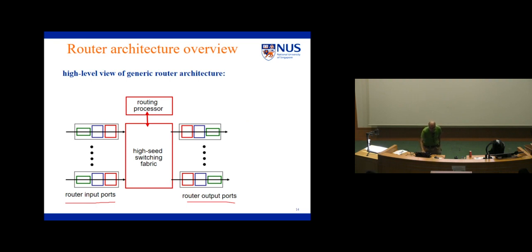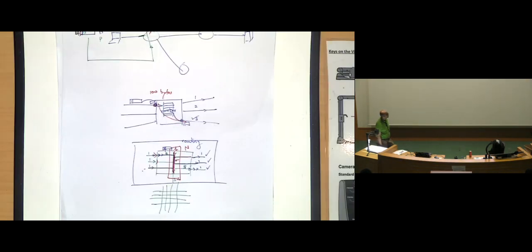So you have input ports on one side, you have output ports on another side. And in the middle, you have what is called the switching fabric. So what is the switching fabric? It's switching from one source to another source.